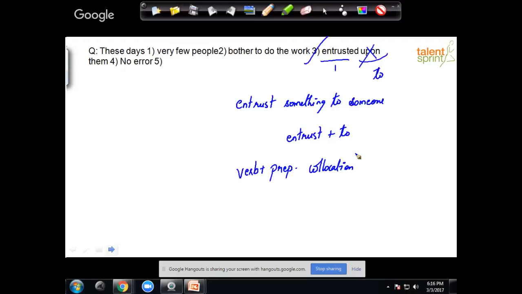Think of other examples, right? I'm just going to give you examples for entrusted to. I entrusted this secret to her, right? I expected her to be responsible enough not to share the secret with others.